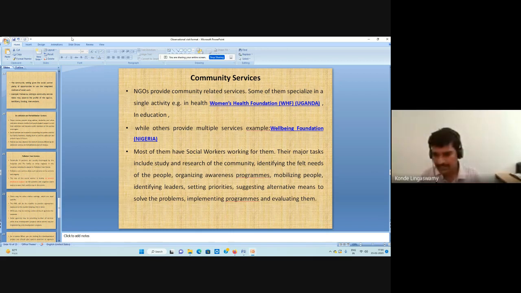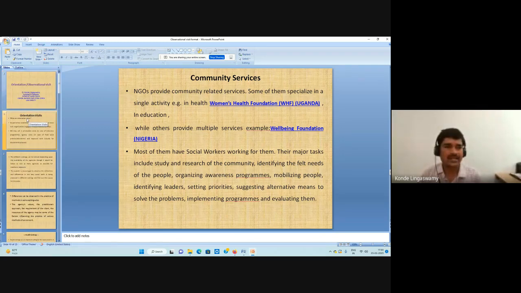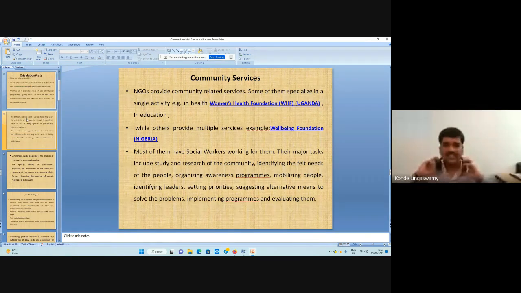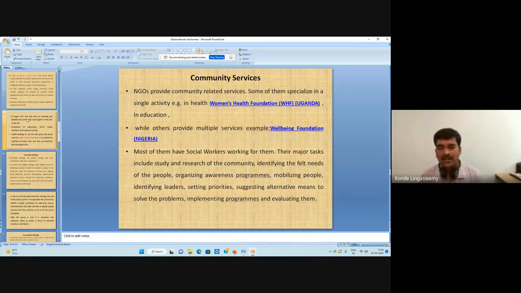Okay. Here I'm concluding today's session. So far we discussed orientation visits, observational visits. We need to visit health settings: hospitals, health centers, primary health centers and clinics.